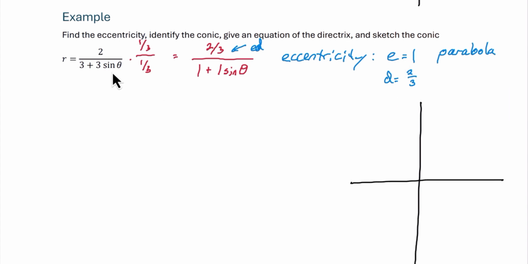Since we have plus sine theta in the denominator, that means that the directrix is going to be above the focus, which is at the origin. So we have the focus, and our directrix is going to be above that here. We know that's got to be y equals 2/3.